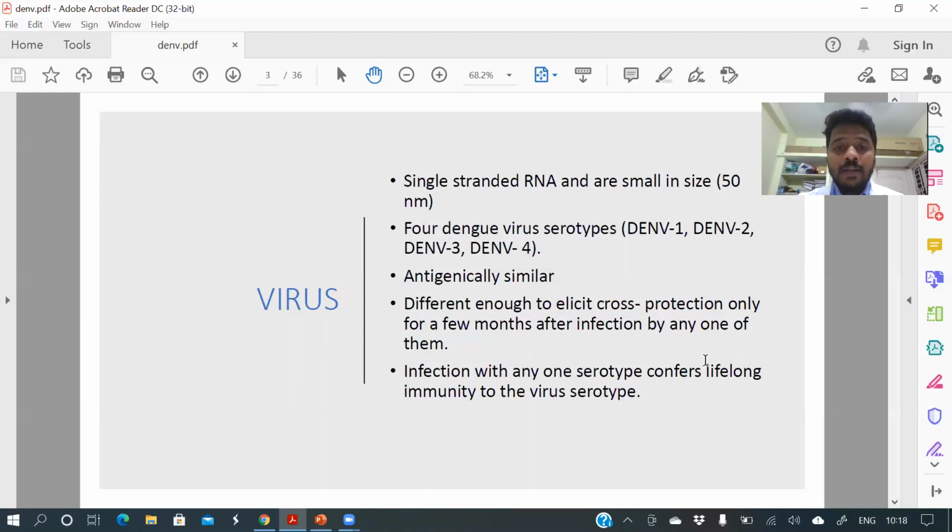Since these 4 viruses are not completely antigenically similar, if a person is infected by one serotype, it will confer lifelong immunity to that serotype only. For the other 3 serotypes, it won't confer immunity, because they are not completely antigenically similar.